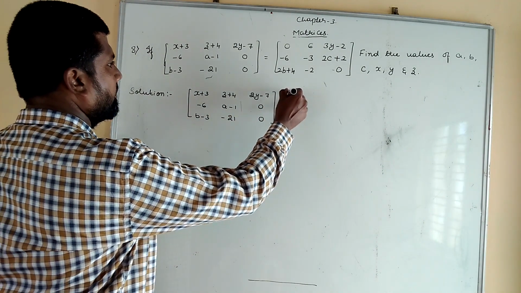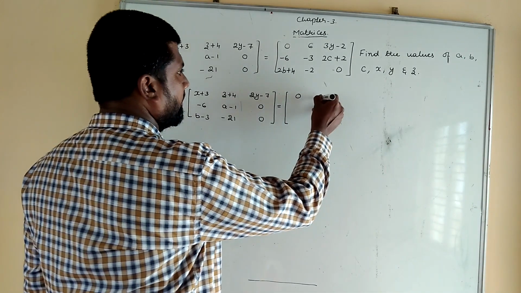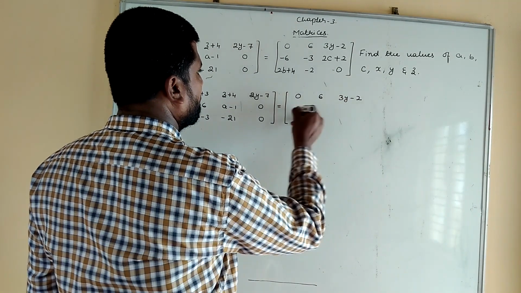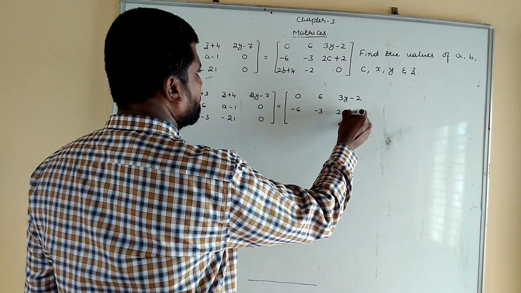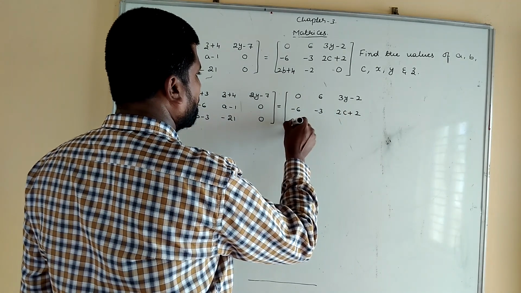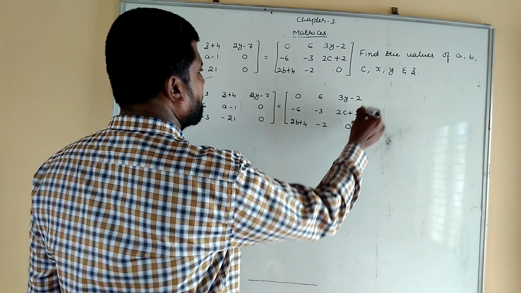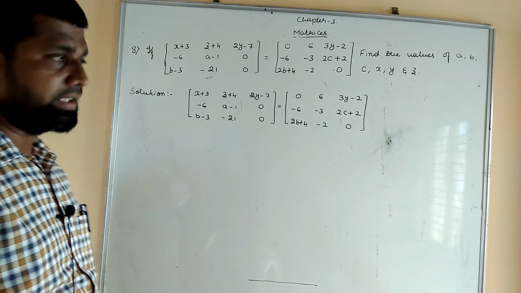That is equal to, he has given another matrix: 0, 6, 3y; 2, minus 6, minus 3; 2c plus 2, 2b plus 4, minus 2, 0. He has given the two matrices of order 3 cross 3.